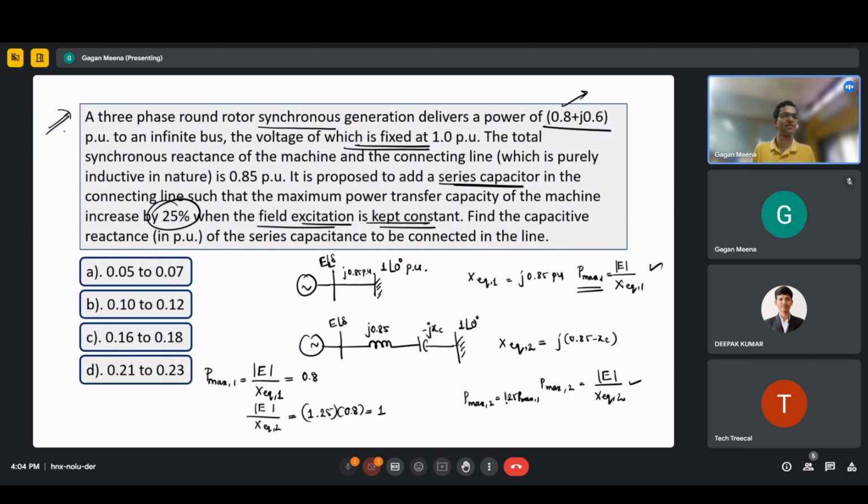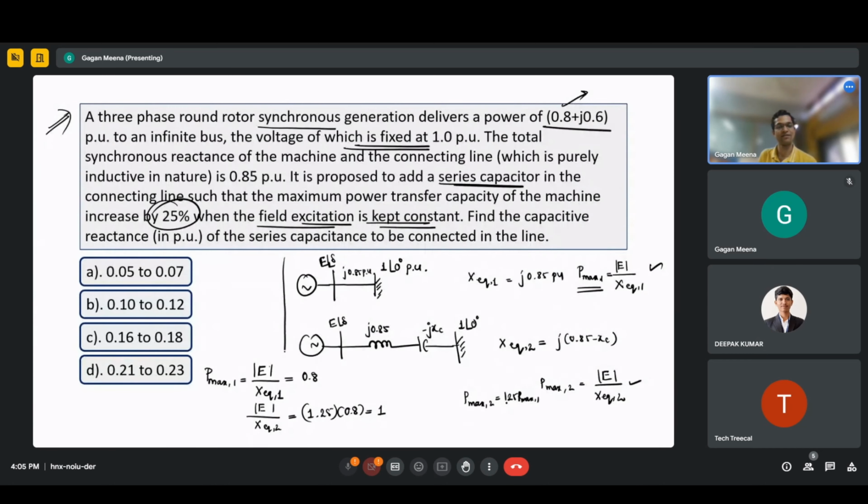In this question, E is not given. So how can you solve? But we know that it is the same for both the cases. So either you take the ratio of these two, or you equate E, or both are the same. Both ways you will get it.